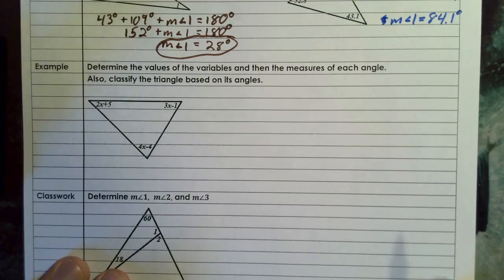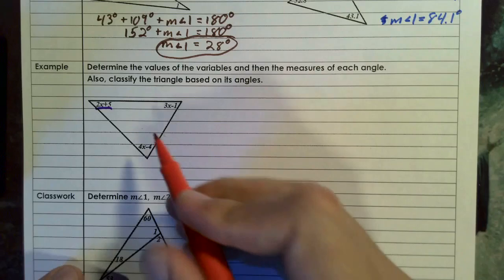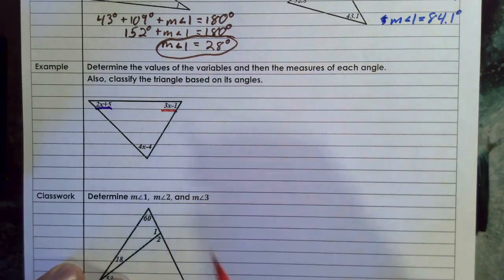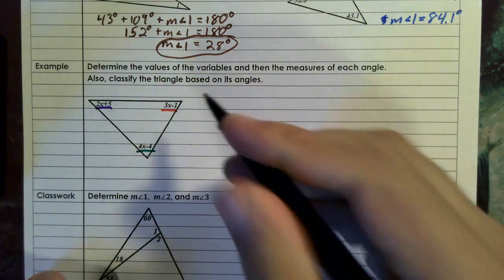So let's try a little bit more complicated example. I've got these three angles, 2x plus 5, 3x minus 1, and 4x minus 4. If I add those all together by our theorem, we should get 180 degrees.